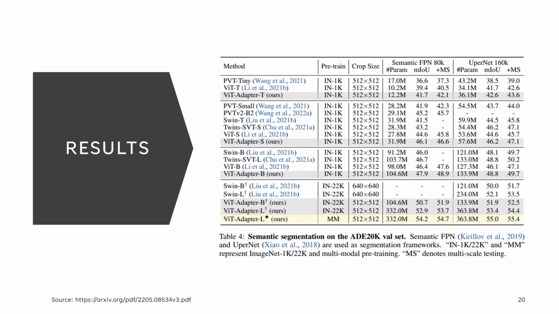The ViT adapter base outperforms the ViT base by 2.6 and tied performance with the Swin transformer base. Using ImageNet-22K, the ViT adapter base and large outperform the Swin transformers of the same class by 0.8 and 0.9 respectively. While the multimodal trained ViT adapter achieves 55.4 multi-scale IoU, topping Swin large by almost 2.